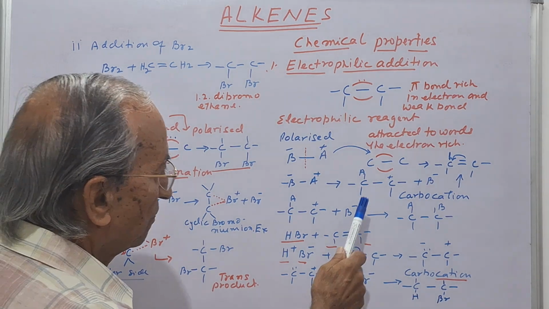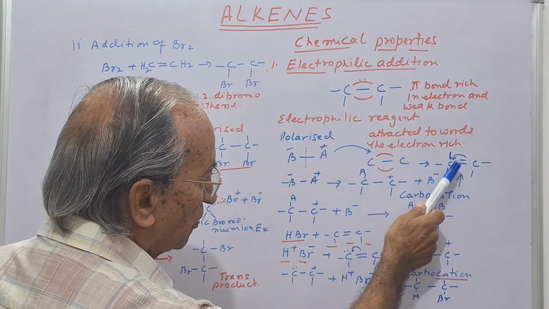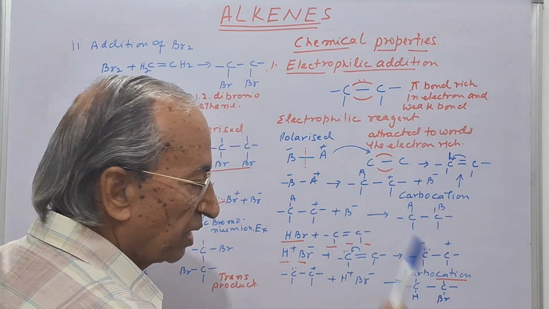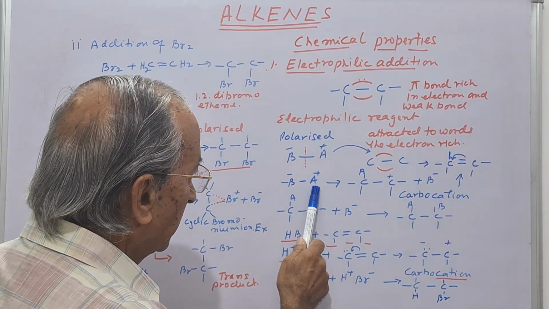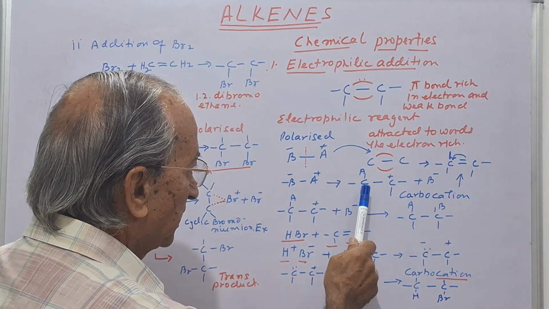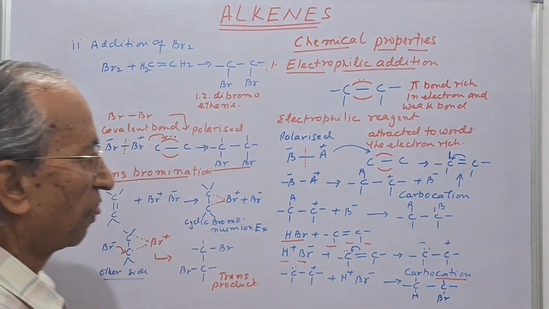Again listen, the electrons of the pi bond are shifted towards one of the carbon atoms and it becomes enriched with electrons. So the atom A, which is positive in nature, joins this carbon atom that is enriched with electrons and it forms a carbocation.